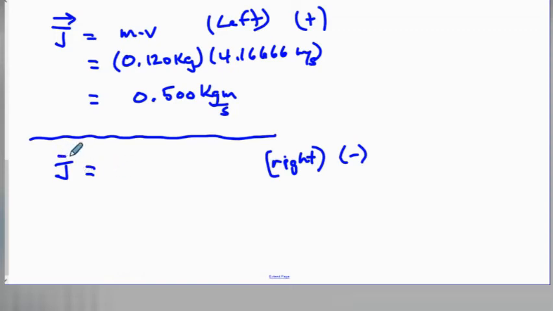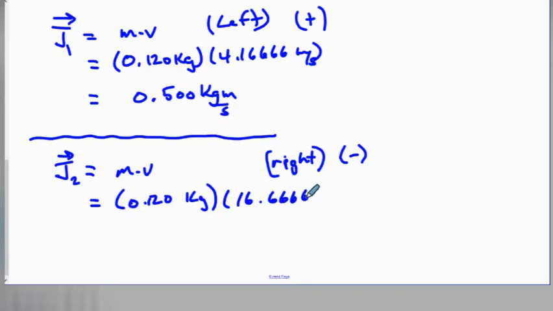Okay, so our second momentum will be mass times velocity, and we have 0.120 kilograms times our new velocity of 16.666667 meters per second.